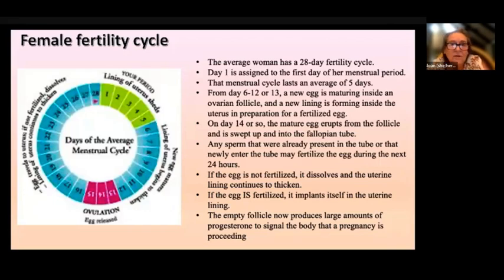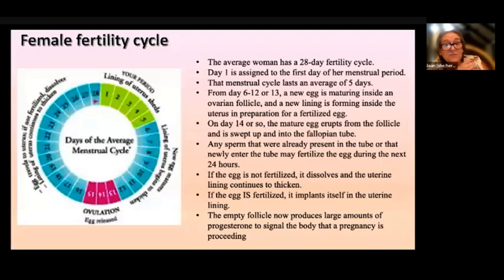After our menstrual period, from days 6 to 12 or 13, this is when the egg is starting to form again. And on day 14, which is halfway through the cycle, about 9 days after the end of the period, the egg comes out of the follicle and is swept up into the fallopian tube.